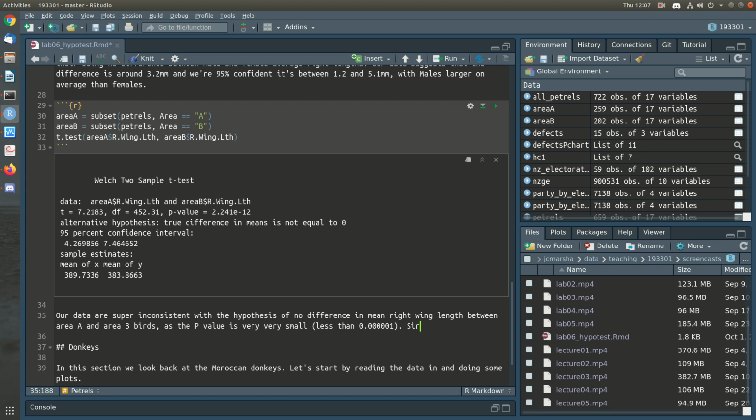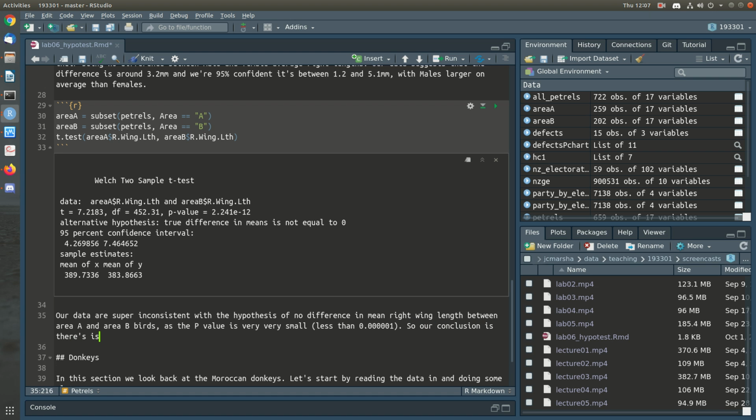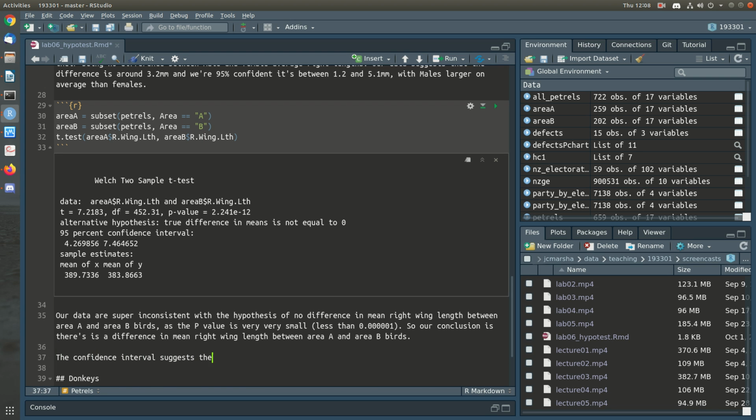So our conclusion is there's likely to be a difference. There is a difference in mean right wing length between area A and area B birds. The confidence interval suggests the difference is between 4.3 and 7.5 millimeters, with area A birds being larger. We can be 95% confident.